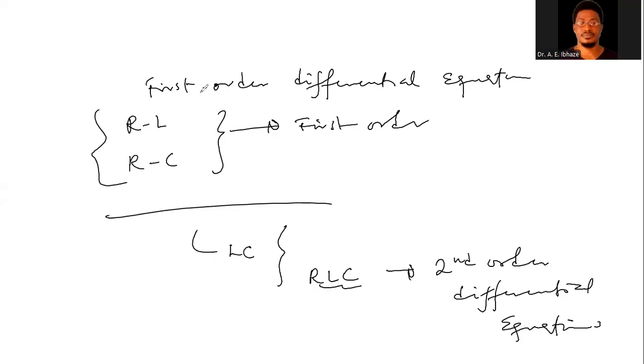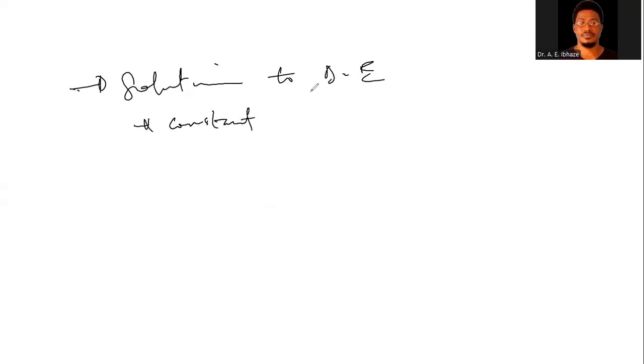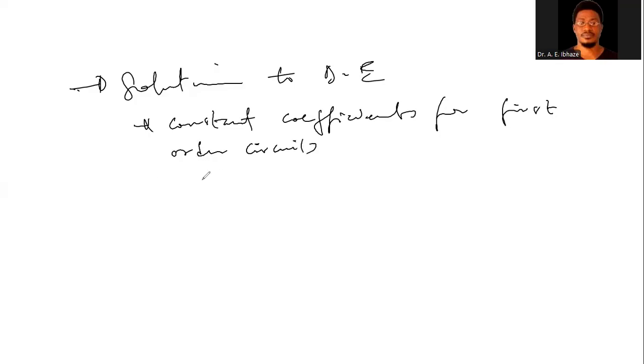Now, if for instance we consider the solution to a differential equation having constant coefficients, that's for first order circuits, and also having initial conditions, and then also having a forcing function.